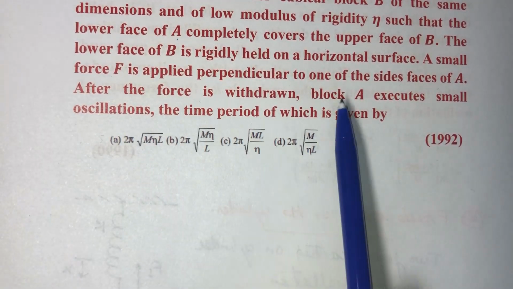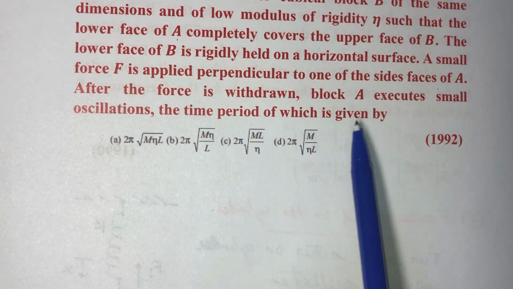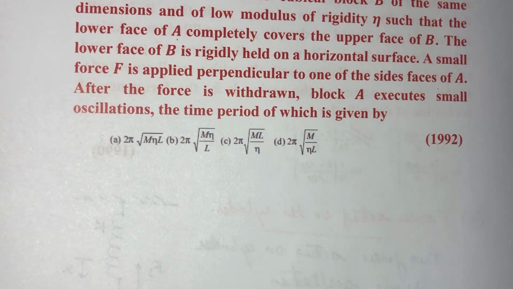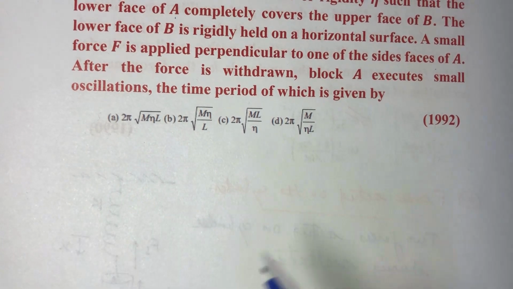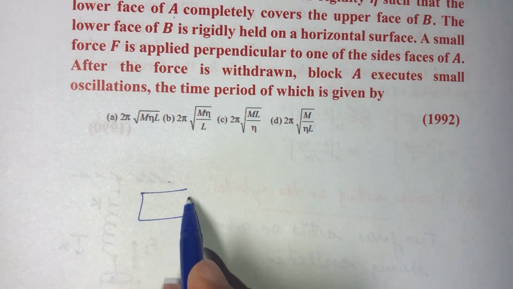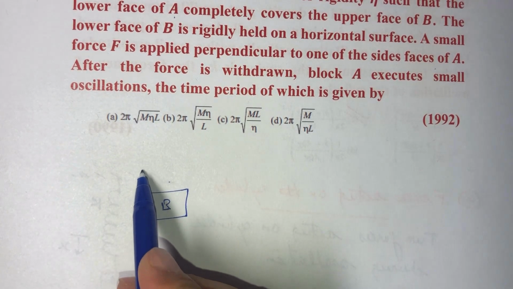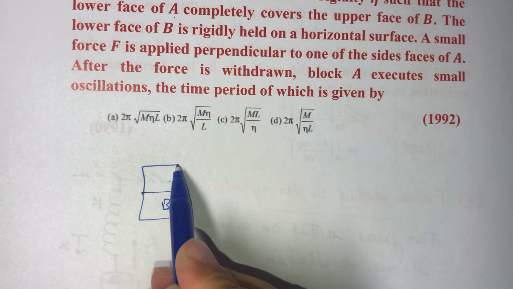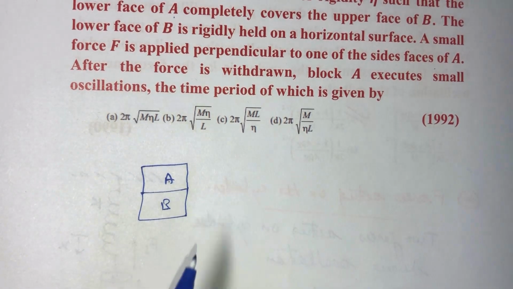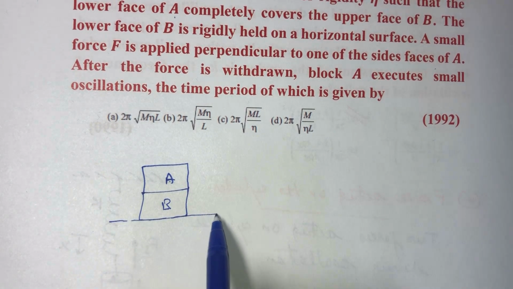A small force F is applied perpendicular to one of the side faces of A. After the force is withdrawn, block A executes small oscillation, the time period of which is given by. So we are given two blocks, A and B. Let us suppose this is our block B, and on block B there is a block A which completely covers block B, and this block B is tightly fixed to the surface.